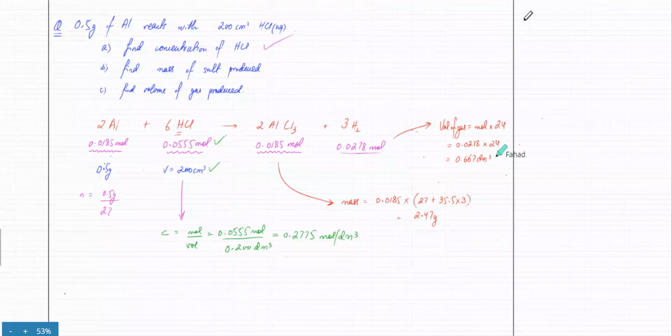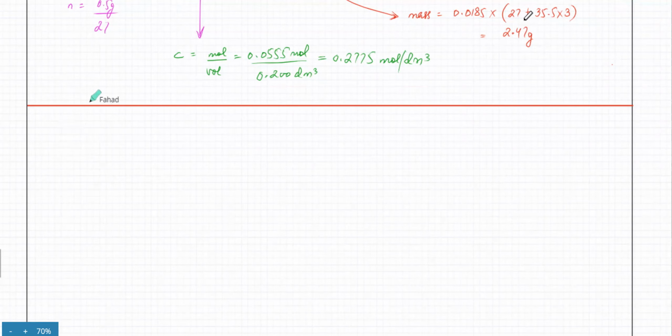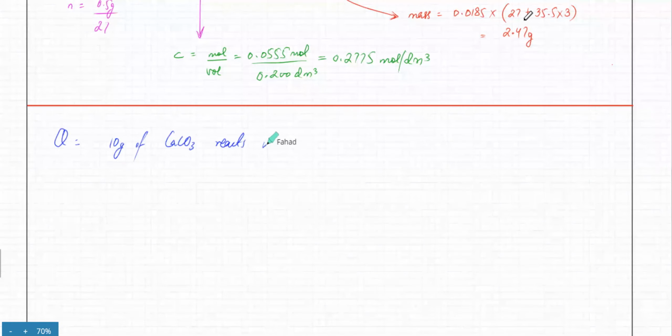Okay, try doing this question now. I'll give you the equation, and I'll tell you what steps are going to be used. So I'll give you the equation, which is, okay, the question is that 10 grams of calcium carbonate reacts with 0.25 mole per dm cube.